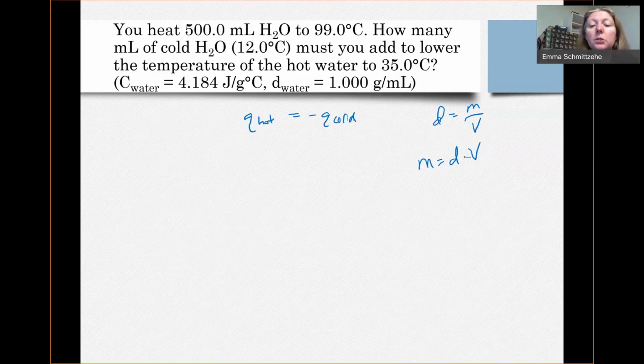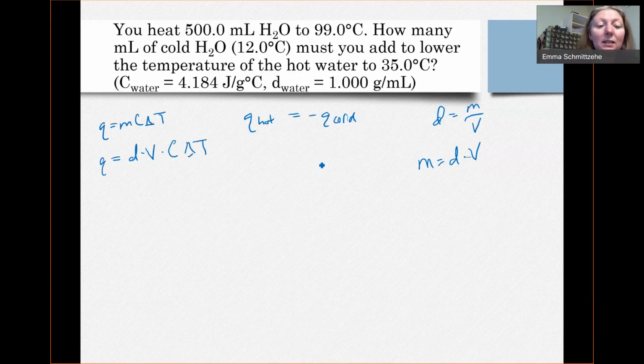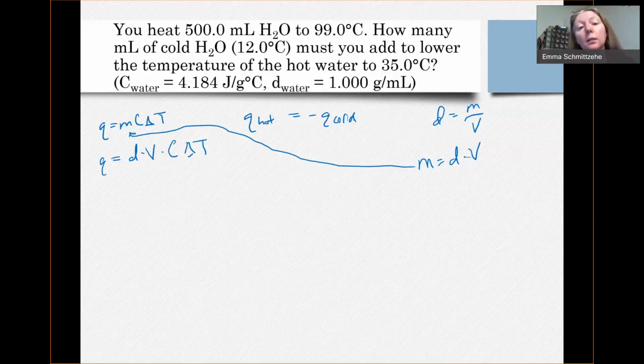So in place of our Q equation, Q equals mc delta T, for the m part, we're going to plug in D times V, because that is mass. So it'd be D times V times C times our delta T. We're just substituting this in, and we're going to do that for the hot water and the cold water.